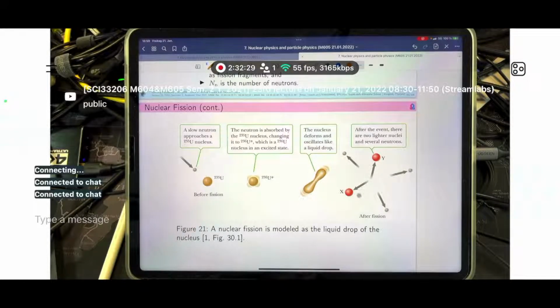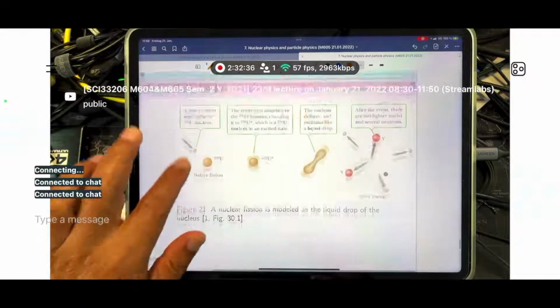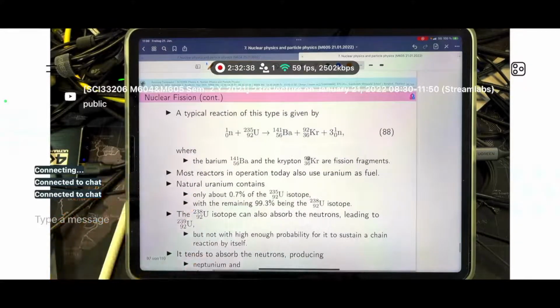Some neutrons also emerge from the separation of this nucleus. Barium 141 and krypton 92 are the fission fragments. Not only three particles, we also get energy from these three components.